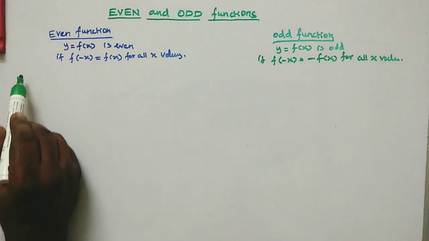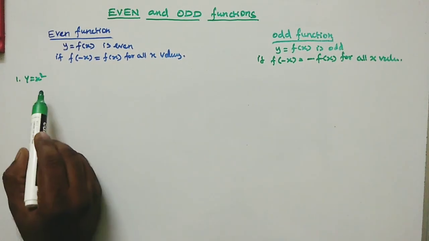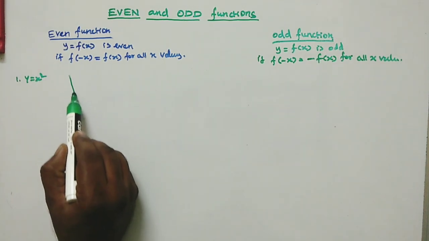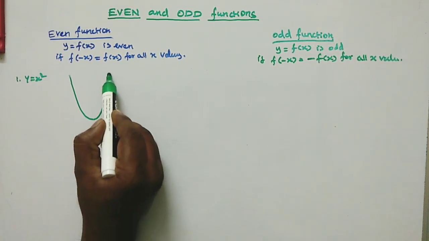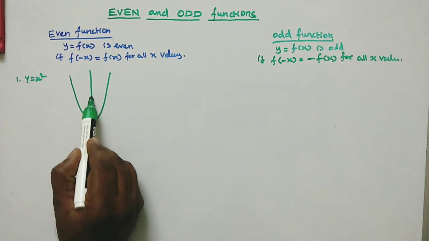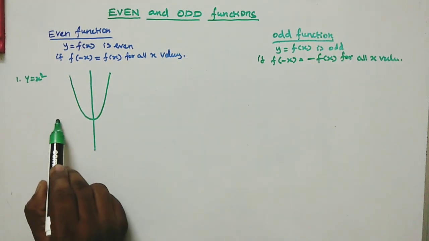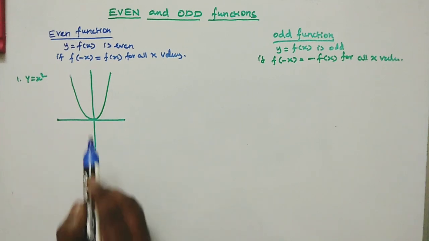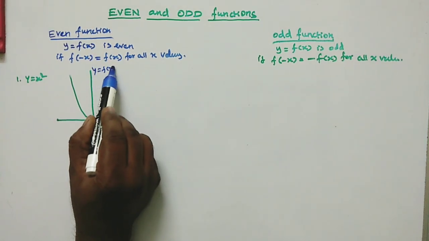Here first we take y equal to x square. We know very well about this equation. y equal to x square is a parabola. First I draw a parabola, and then draw a y axis, and this is the x axis. Now I put the values on the y axis. Here y equal to f of x.